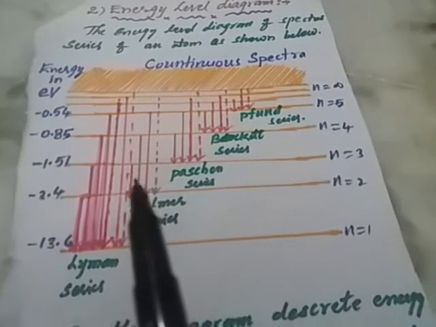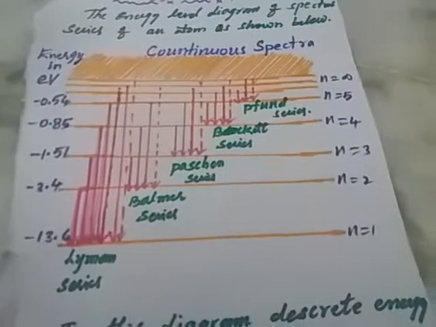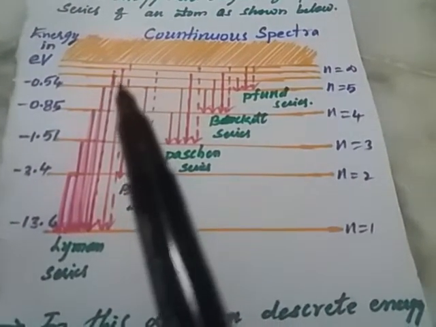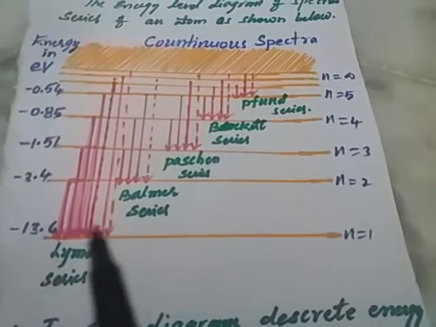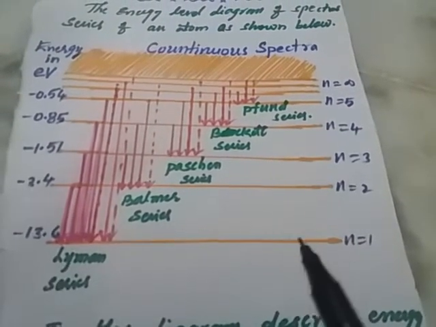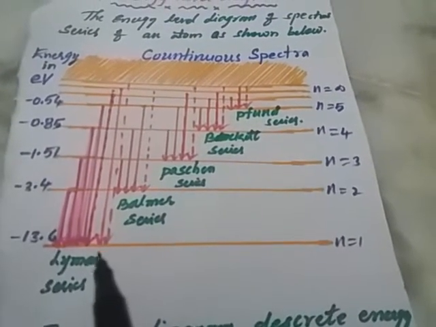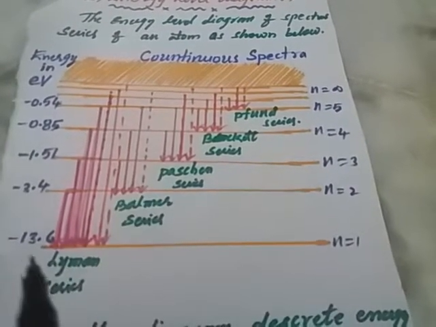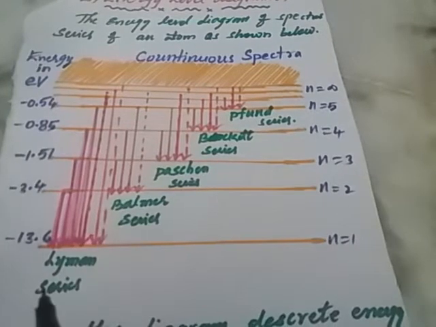When an electron jumps from higher energy levels to the first energy level, or first orbit, that is, from the outermost orbit to the first orbit, it is called the Lyman series.